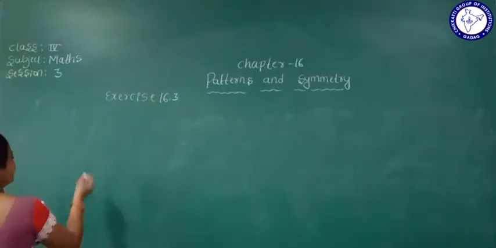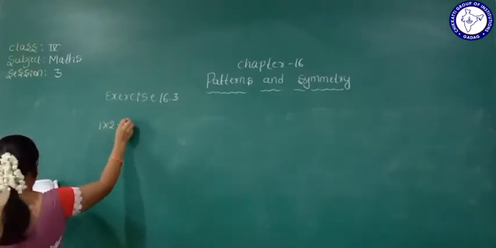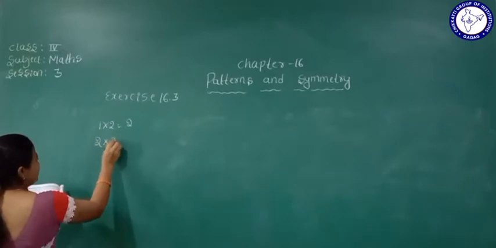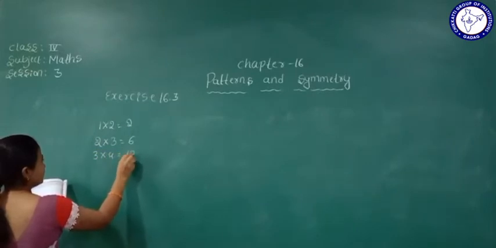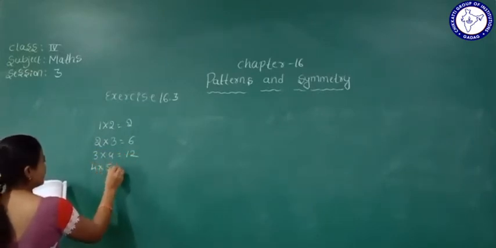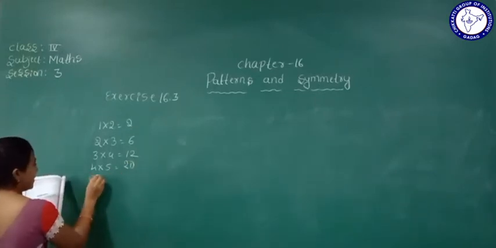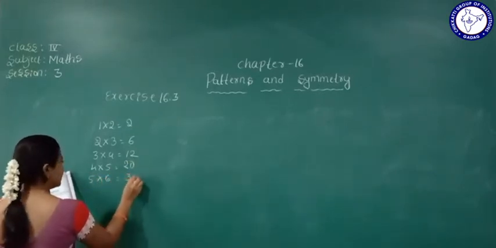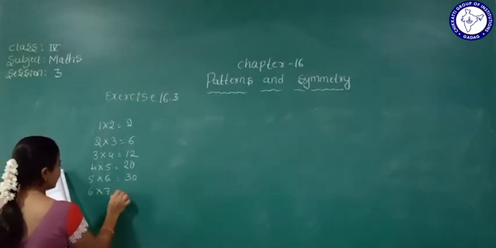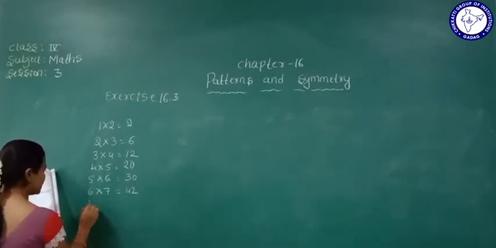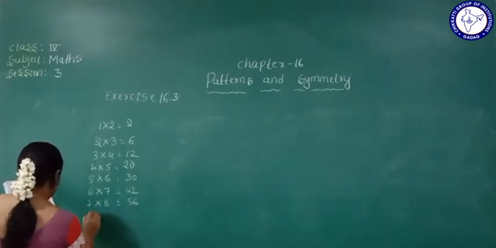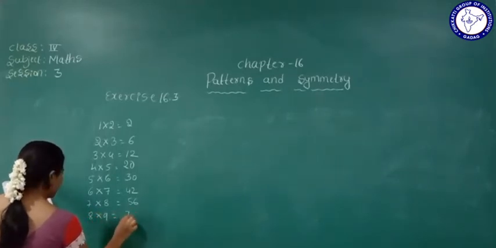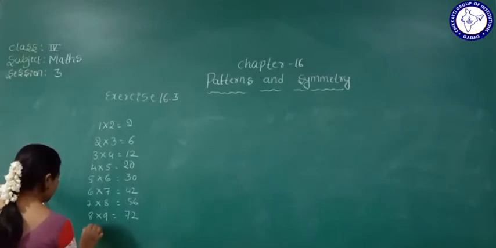See, 1 into 2 is equal to 2. 2 into 3 is equal to 6. 3 into 4 is equal to 12. 4 into 5 is equal to 20. 5 into 6 is equal to 30. 6 into 7 is equal to 42. 7 into 8 is equal to how much? 56. 8 into 9 is equal to 72. 9 into 10 is equal to 90.